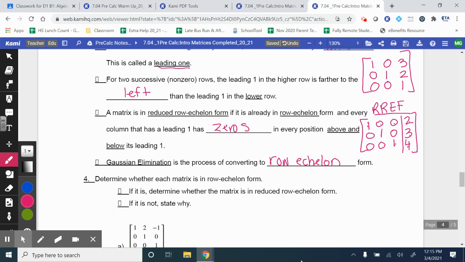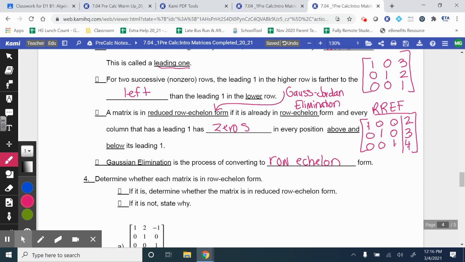And let me also add in here for reduced row echelon form, the process is Gauss-Jordan elimination. And we're going to really focus mostly on Gauss-Jordan, getting the zeros above and below.